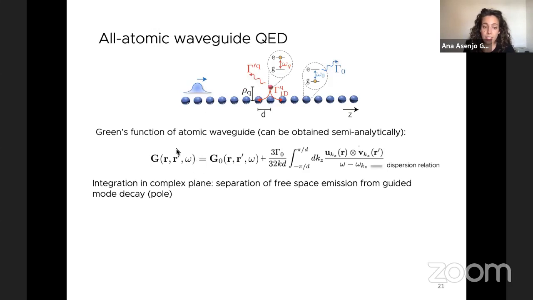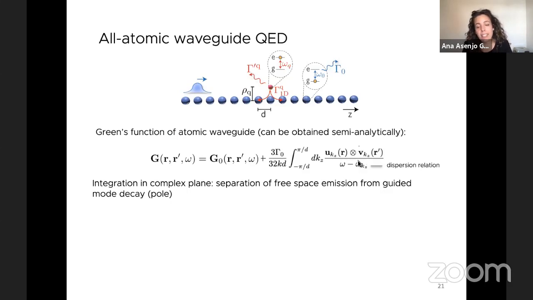The Green's function, which is going to tell us about the decay rate of the qubit impurity, is the vacuum Green's function modified by the presence of the array. This tells me that it's an integral over the Brillouin zone of something that involves some field eigenmodes, a lot of Bessel functions, it doesn't matter that much. And here we have a dispersion relation.